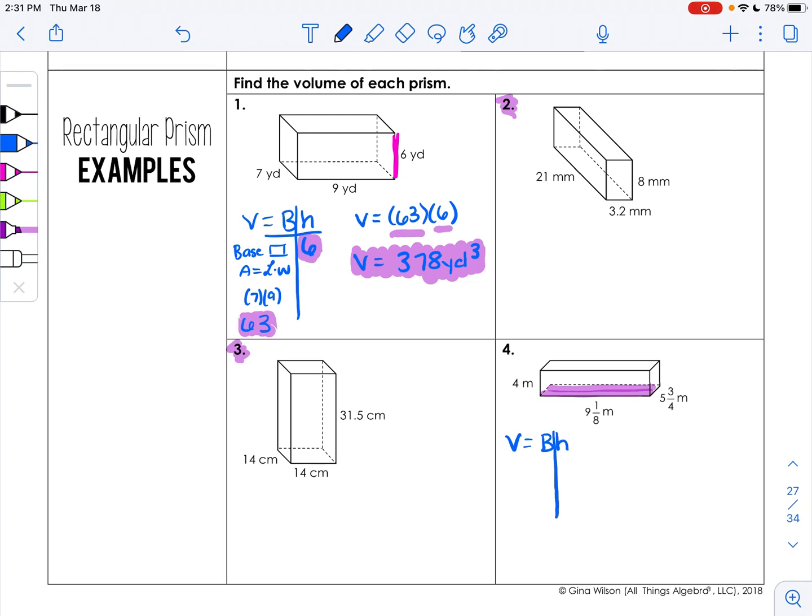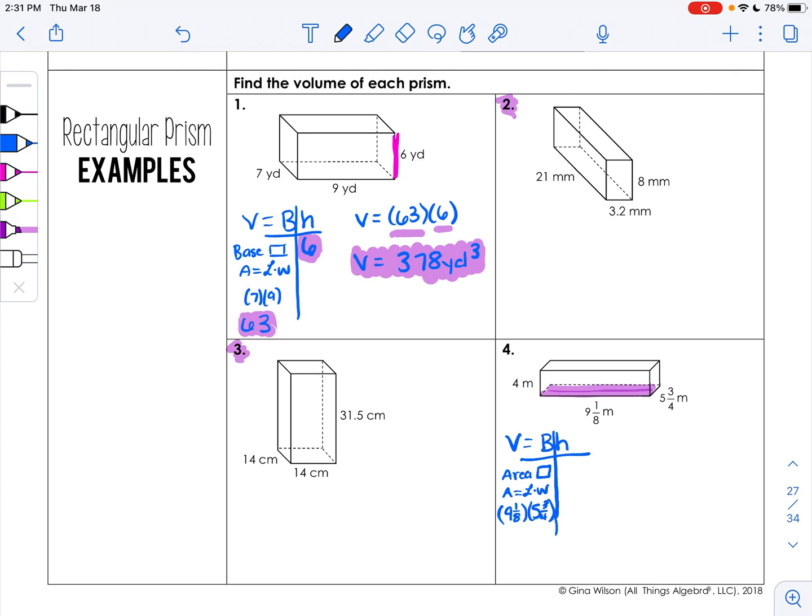Then I'm going to break it up, and I'm going to find the area of my base, which is a rectangle, and I know that is length times width. When I look at that shaded part, my base, my length and width are 9 1/8 and 5 3/4. So we're going to multiply 9 1/8 times 5 3/4.